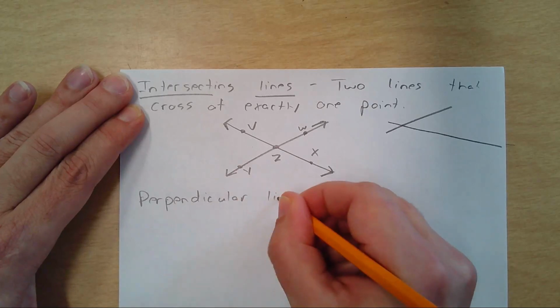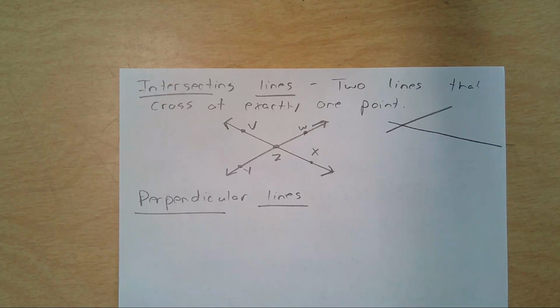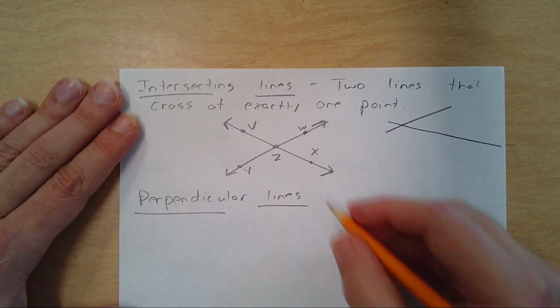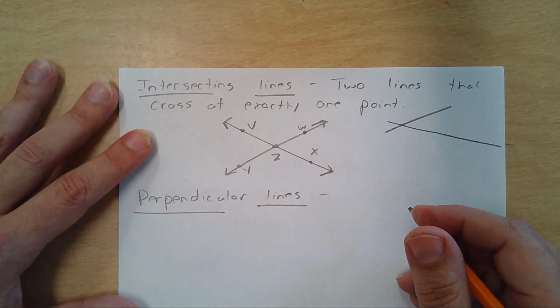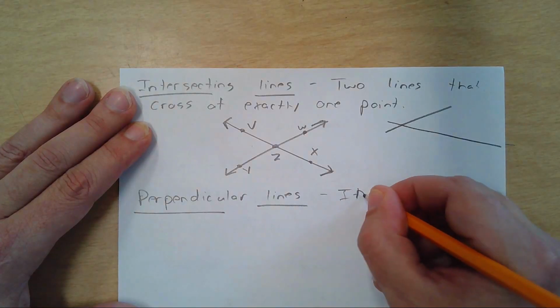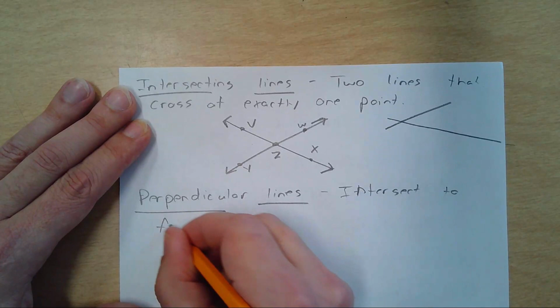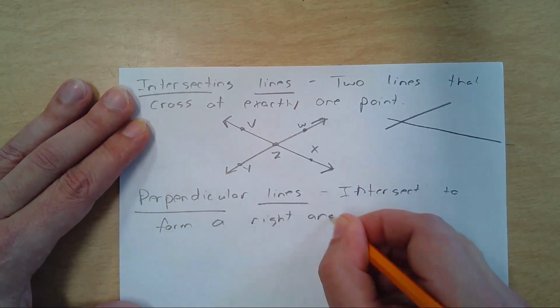Perpendicular lines. Two more terms. So perpendicular lines intersect to form a right angle.